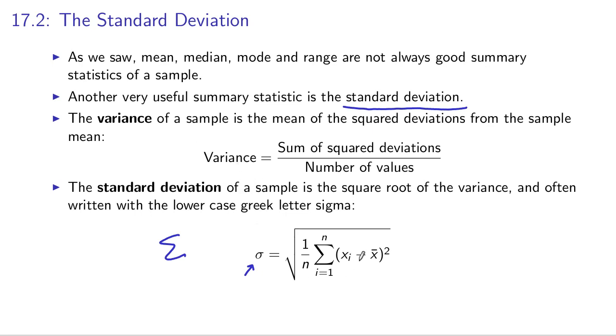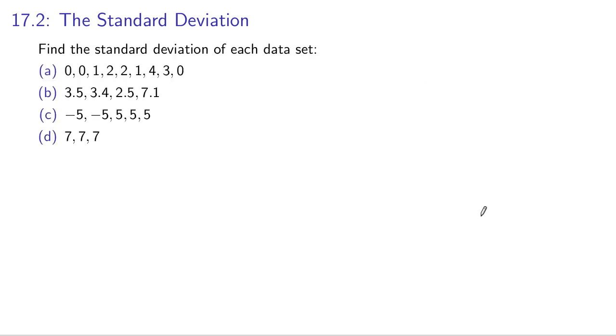So let's do some examples of this here. So let's find the standard deviation of the same sets that we used in 17.1a. So we have this set here. We already found the mean previously as 1.4 repeating forever, or 13/9.